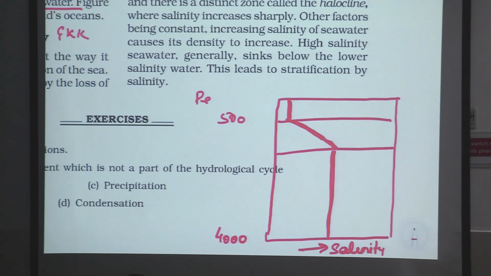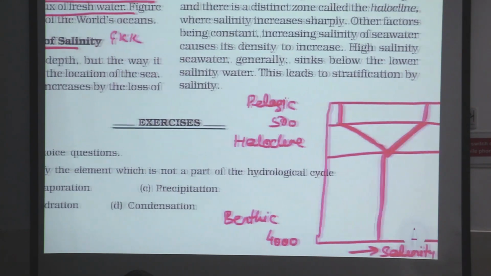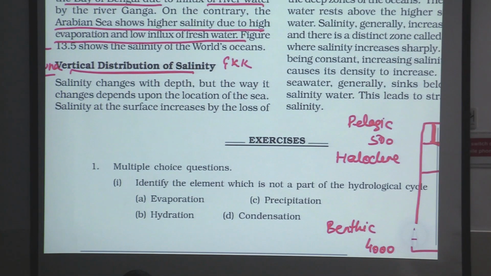This will be the pelagic zone, this is the benthic zone, and this will be called the halocline zone. And apply the same thing, if salinity is high, then salinity will decrease. And I surely will conclude by mentioning this, using space here.